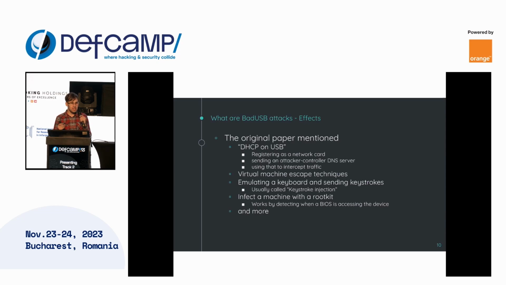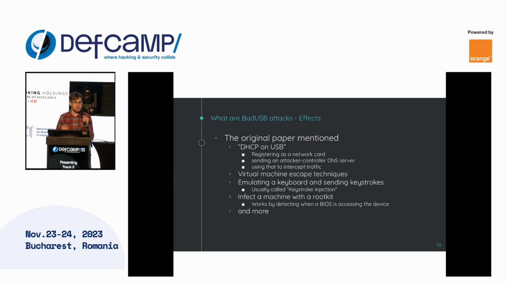Also, they showed virtual machine escape techniques, so escaping from stuff like VirtualBox or VMware. They also showed emulating a keyboard and sending keystrokes, like in my previous example with "Hello, I'm a keyboard." And that's what is called keystroke injection nowadays. They also showed how they could build a rootkit with this.